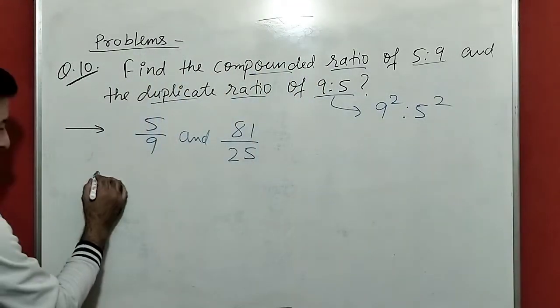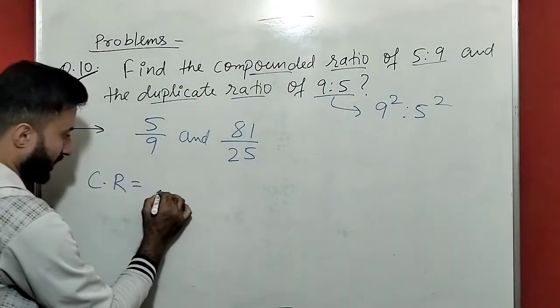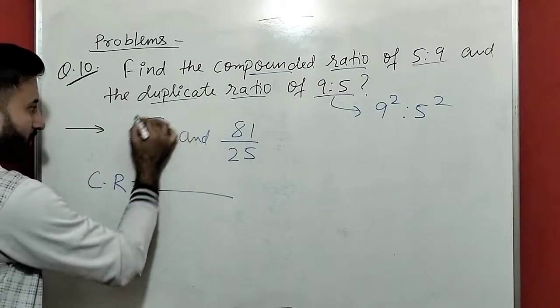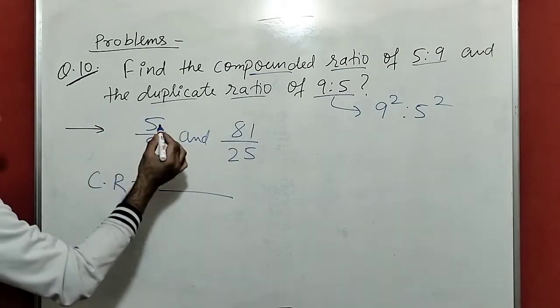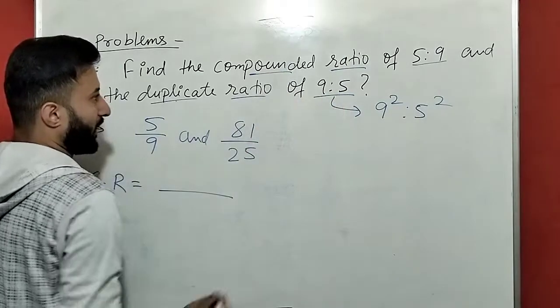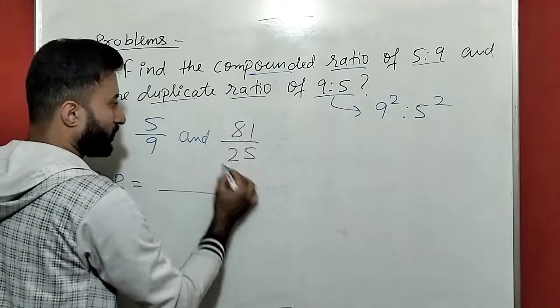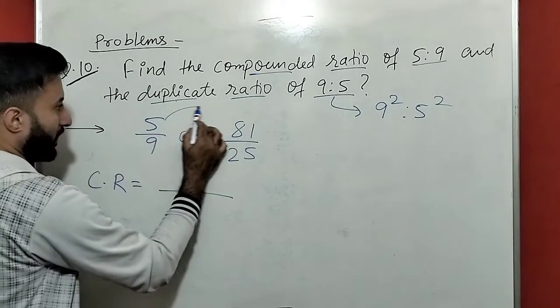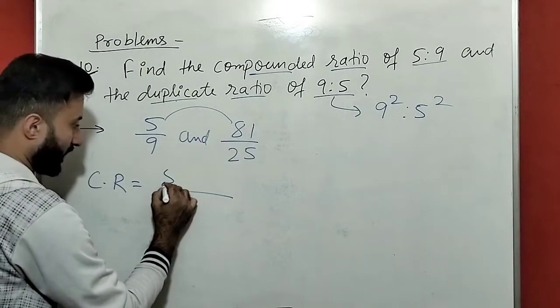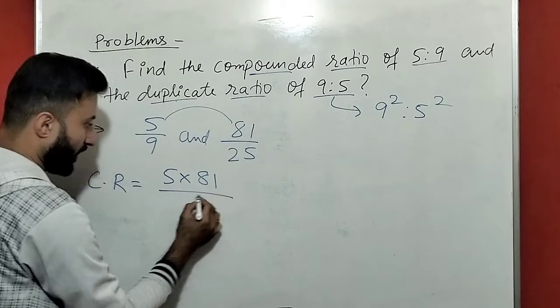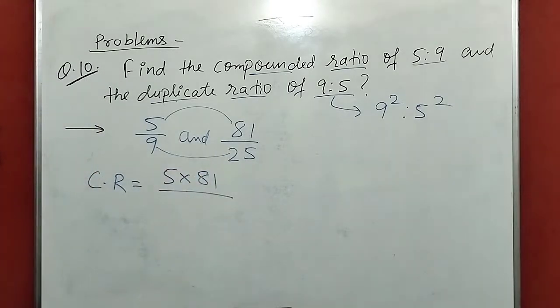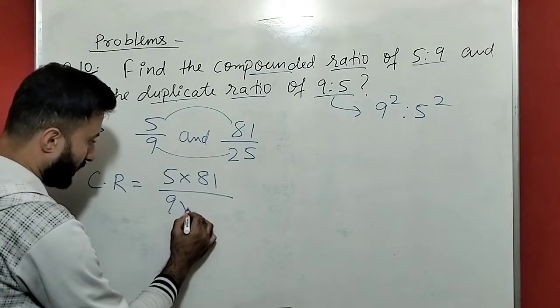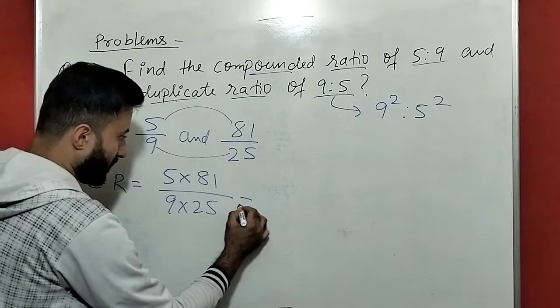Fine. So you have to find the compounded ratio of this ratio 5 is to 9 and the duplicate ratio of 9 is to 5. The duplicate ratio of 9 is to 5 is 81 by 25. So this is the antecedent. Product of antecedent 5 into 81 divided by product of consequent 9 into 25.